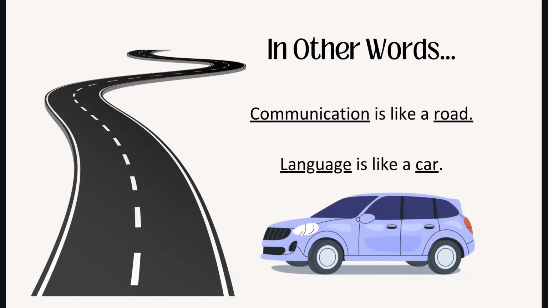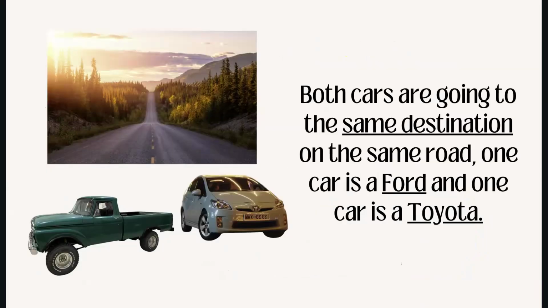And language is the car. So both cars are going to the same destination on the same road. One car is a Ford and one is a Toyota. So language can be different types, it can be different languages, it can be different ways that we communicate, but we're still getting to that same end goal. And that's the act of communicating, sending that message.